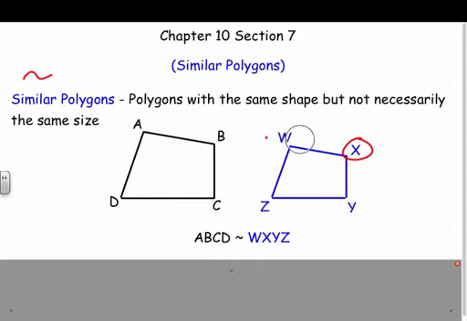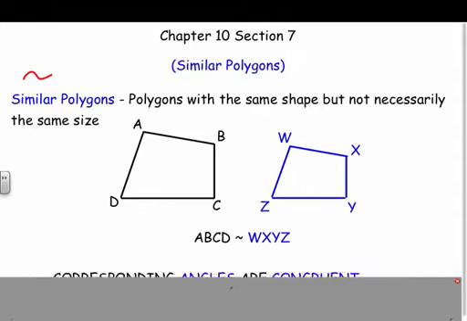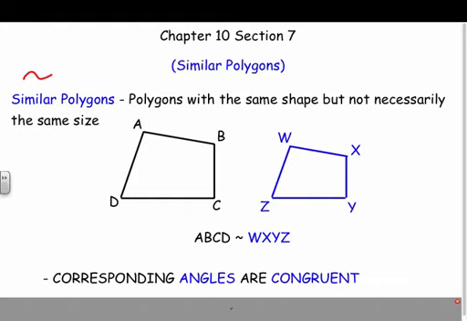Well, this is why they correspond and why they match up. One of our properties, one thing that makes polygons similar, is that they have to have congruent angles. Corresponding angles are congruent in similar polygons.